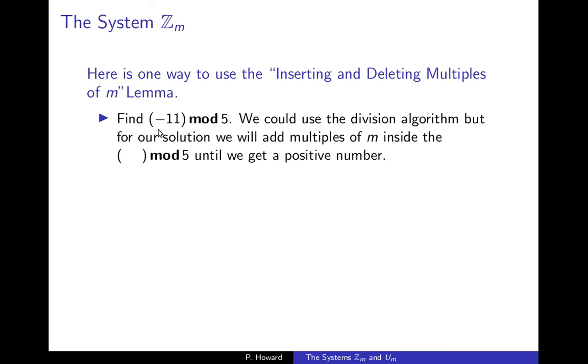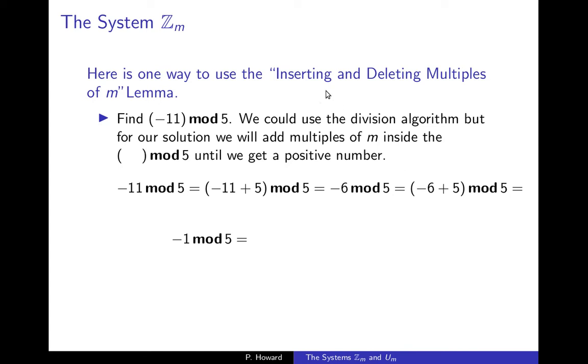But I'm going to add multiples of 5 inside the mod 5 until I get a positive number. So minus 11 mod 5, according to the inserting and deleting multiples of m lemma, is minus 11 plus 5 mod 5, which is minus 6 mod 5, which, according to the lemma, is minus 6 plus 5 mod 5, which is minus 1 mod 5.